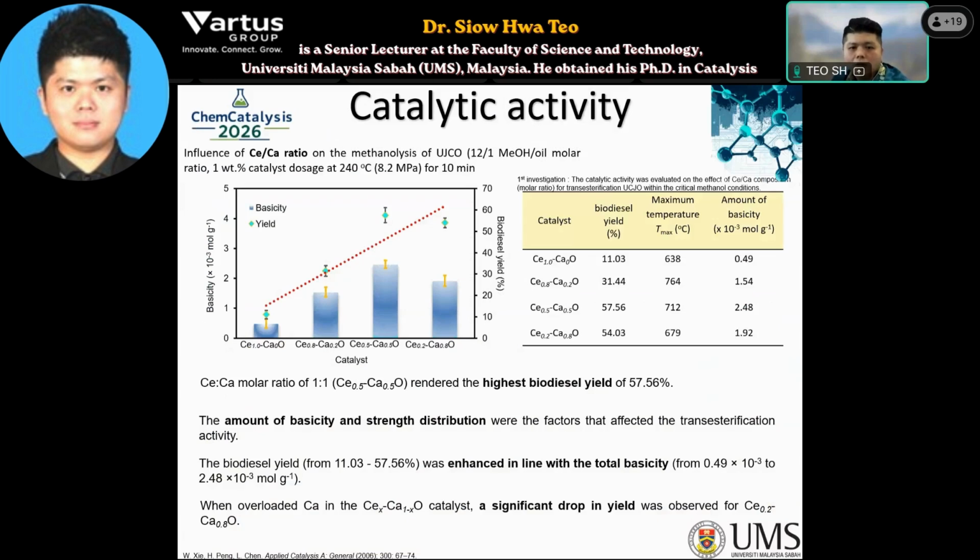Among all the compositions investigated, at the cerium to calcium ratio of 1:1 we achieved the highest biodiesel yield of approximately 58%, which corresponds to the highest catalyst basicity. These results suggest that catalyst basicity plays a crucial role in promoting the transesterification reaction. In general, this higher basicity provides more active sites for conversion of triglyceride into biodiesel.